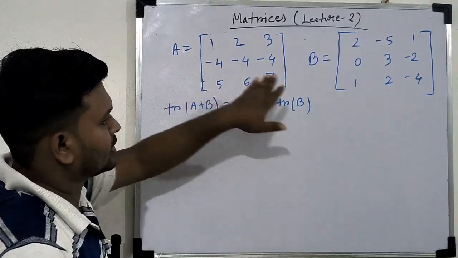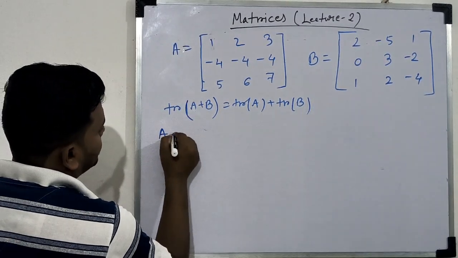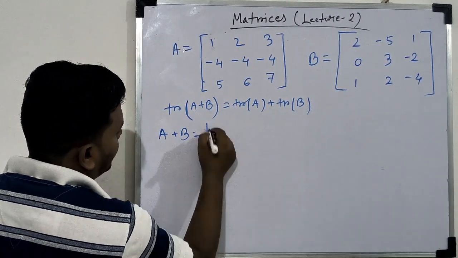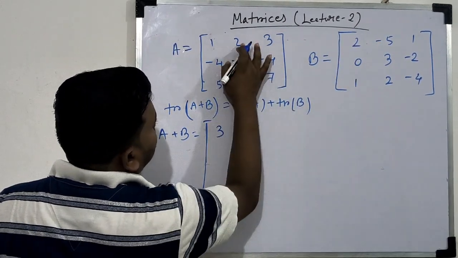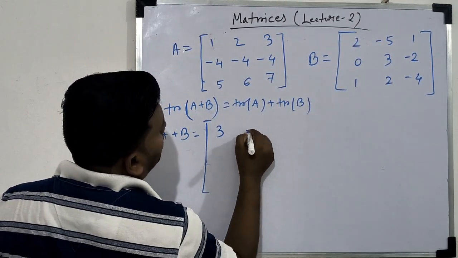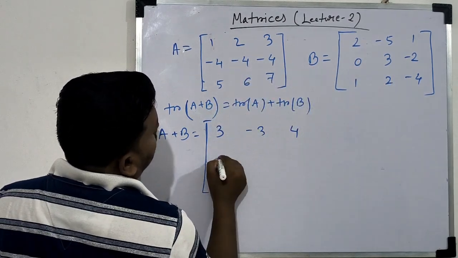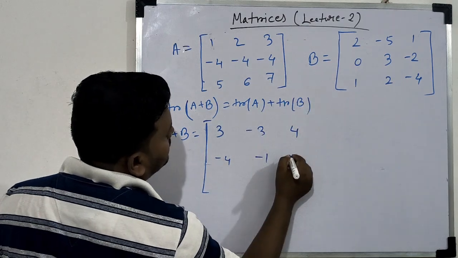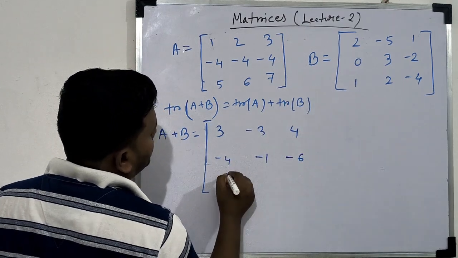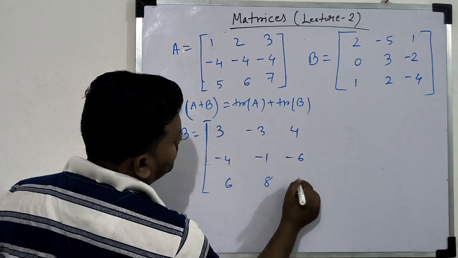Two matrices of the same order are given. First we find A plus B as per the definition of addition of matrices. We get this plus this, that is 3. This plus this, that is minus 3. This will be 4, and this will be minus 4, minus 1, minus 4, minus 2, minus 6, and this will be 5, 1, 6, 6, 2, 8, 7, minus 4, 3.